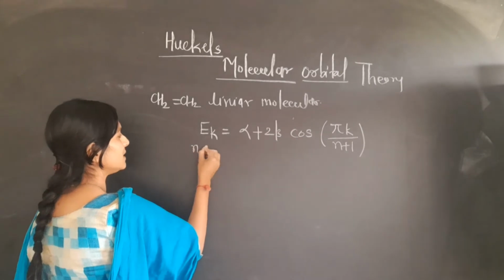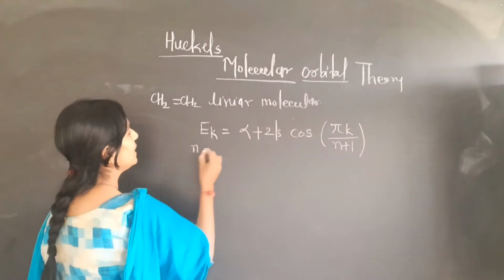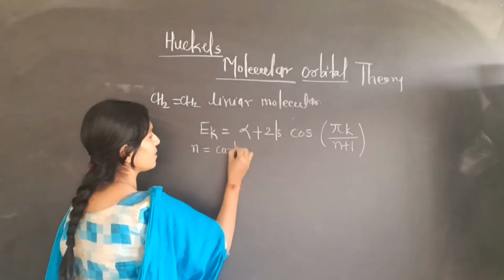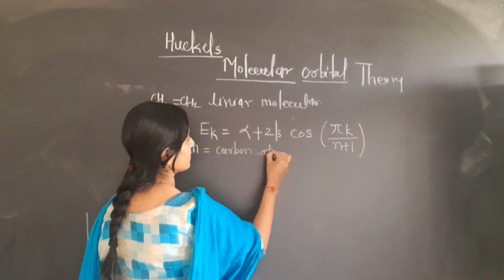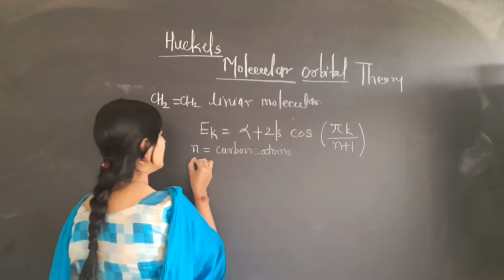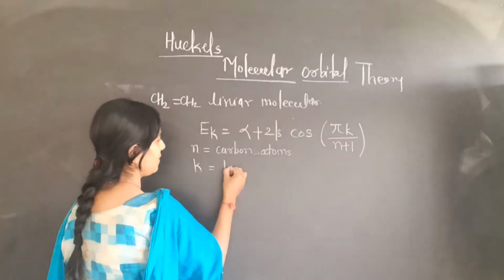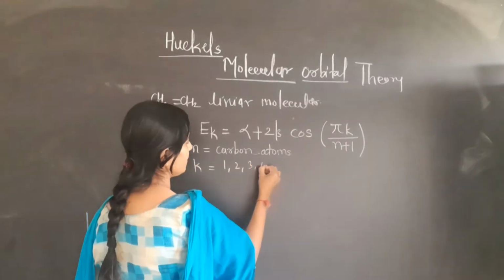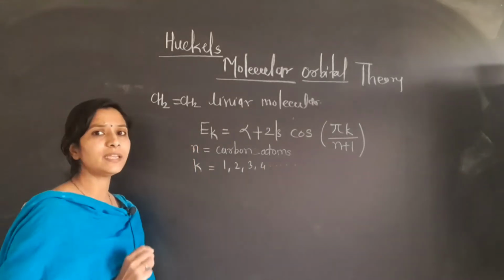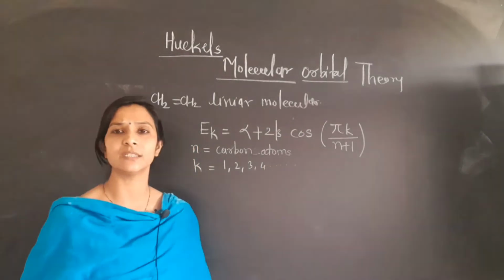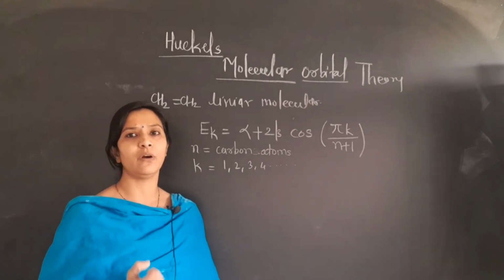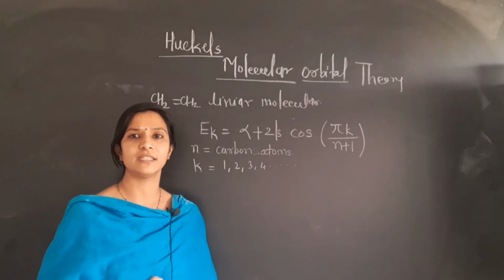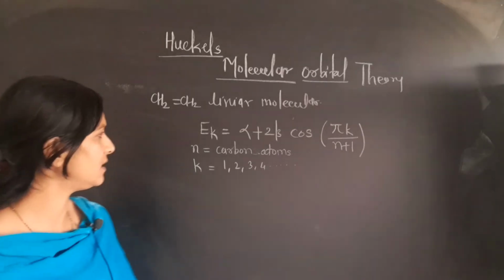Friends, remember this is very important: N is the number of carbon atoms, and k starts from 1, 2, 3, 4 and so on. How many carbon atoms are present in the given system? On that basis, we put the value of k in this equation.